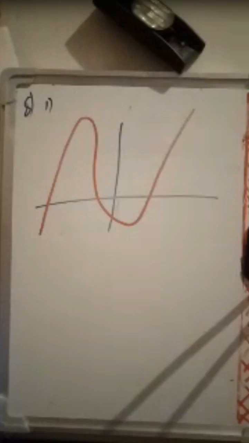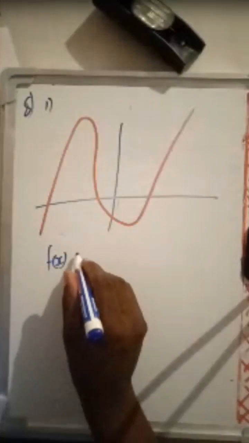Now it's asking for which values of x is f of x less or equals to 0. So when you are talking about less than 0, this is the 0 line.